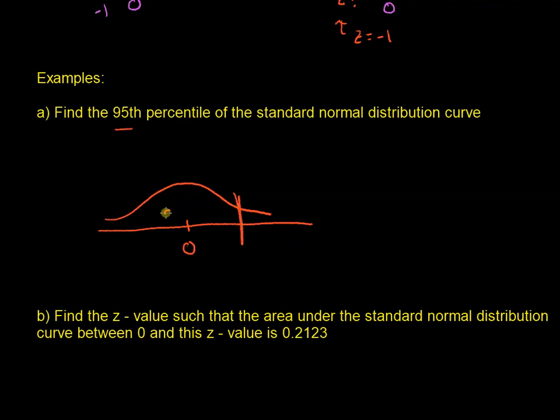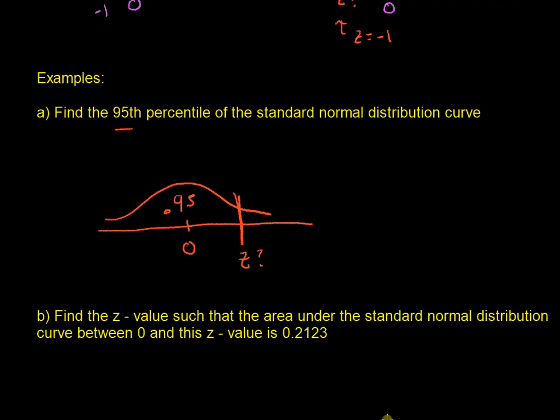The probability of being less than this unknown z-value is 0.95. So I'm looking for the z-value where 95% of the distribution is to the left.